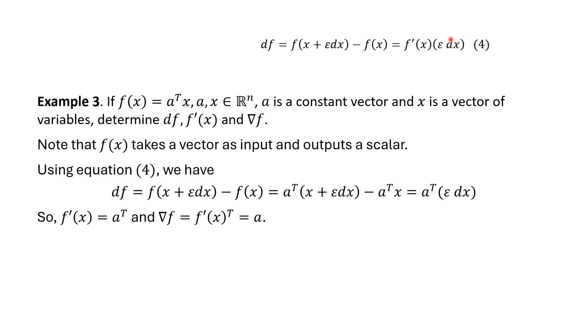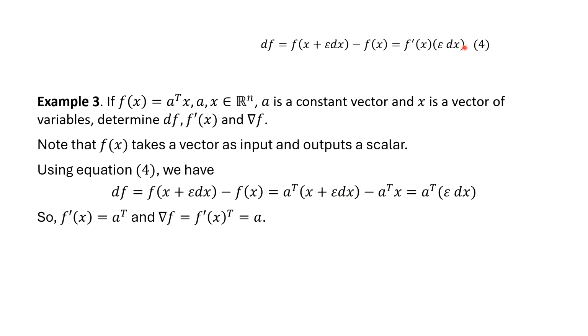So we'll use our equation here, we'll compute this, and then whatever we get, if we can get it in this format here, we can just read off the derivative. It's pretty easy. We plug in x plus epsilon dx into this. We get this here, and subtract f of x. And you notice the first term and this here cancel, and then you just get A transpose epsilon dx.